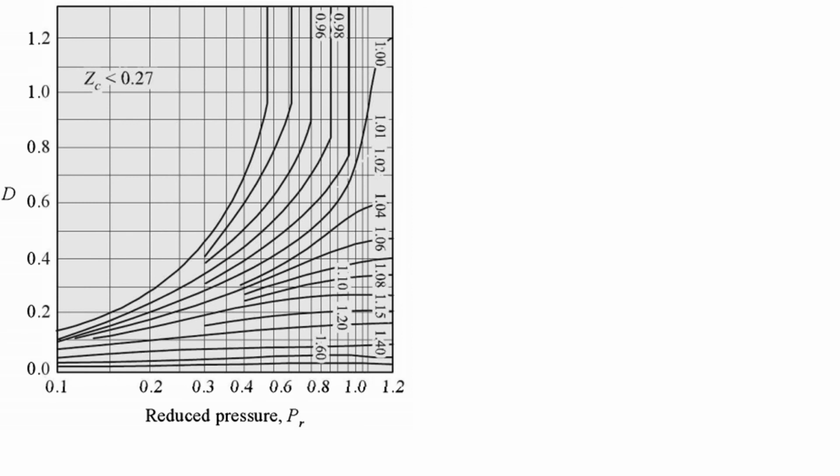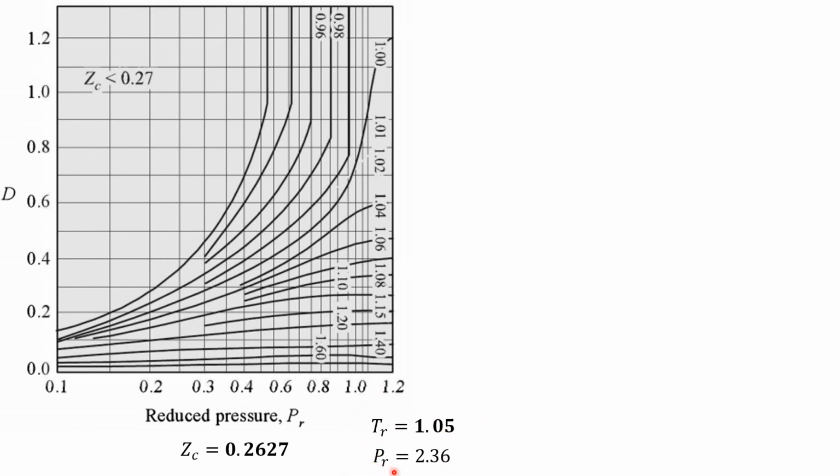So using this, we can estimate the deviation factor. ZC is given as 0.26, which means ZC is less than 0.27. So we can read this chart. Two charts are given, in which ZC is less than 0.27 and ZC is greater than 0.27, and TR and PR are also given.